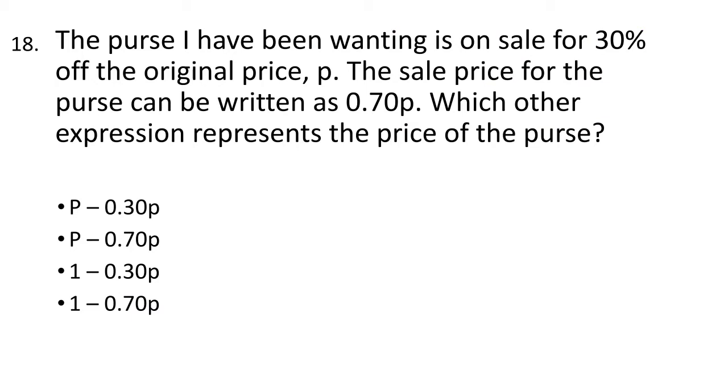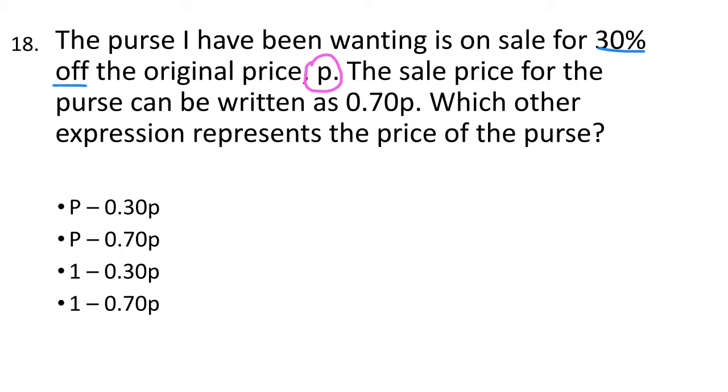The purse I've been wanting is on sale for 30% off the original price P. The sale price for the purse can be written as 0.70p. Which other expression represents the price of the purse? If you look at this problem, the original price is represented as P. P represents 100% of the price, but it's on sale for 30% off.